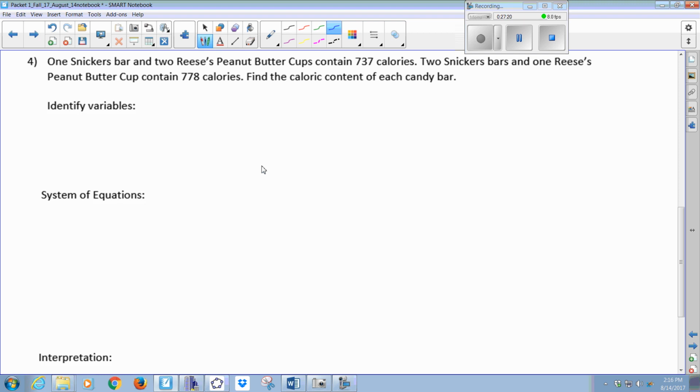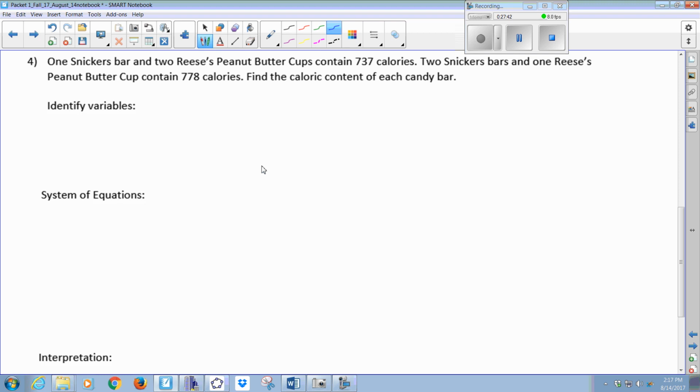So what's going on here is we have Snickers bars and Reese's peanut butter cups, and we're told the total number of calories for having certain combinations, and we're asked to find the caloric content of each candy bar.